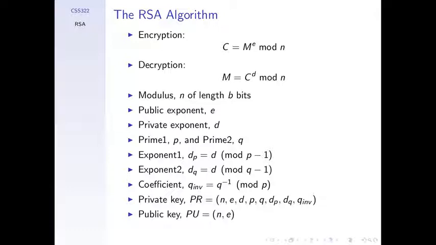Exponent 1 is simply our private value D mod P minus 1, and exponent 2 is our private value D mod Q minus 1. And the coefficient is the multiplicative inverse of prime Q in mod P. Those 3 values are just there to improve the performance when we do the decryption.